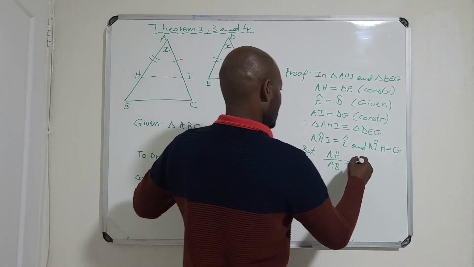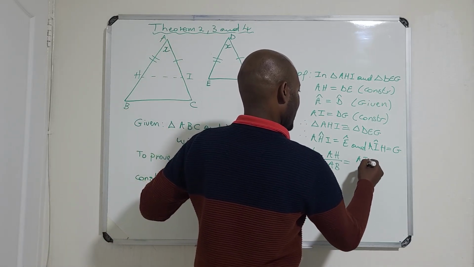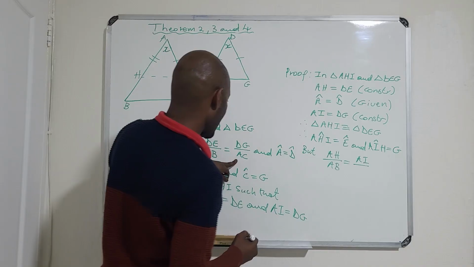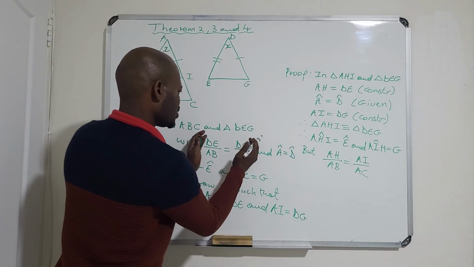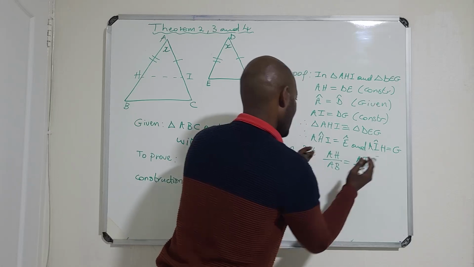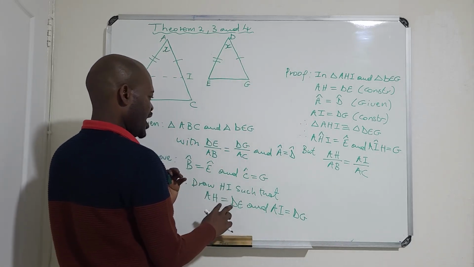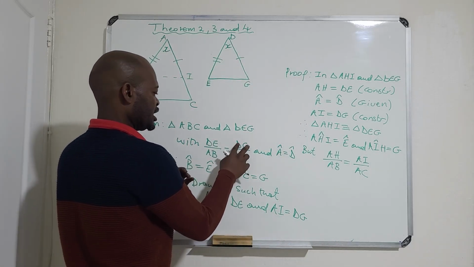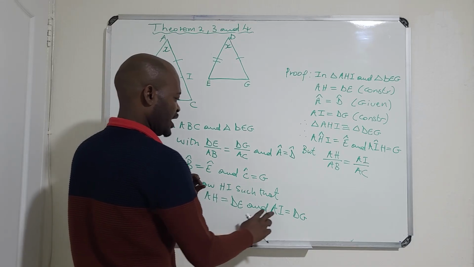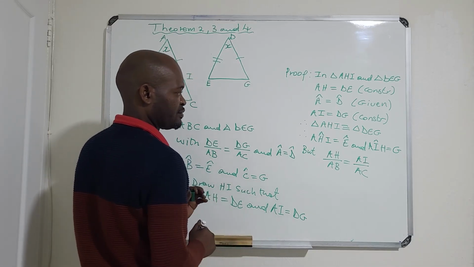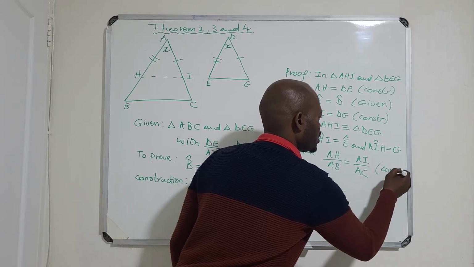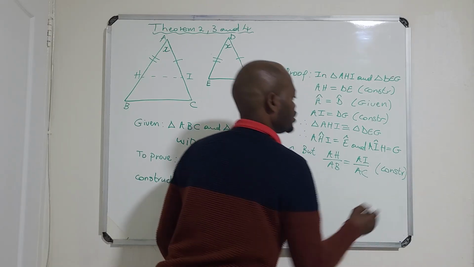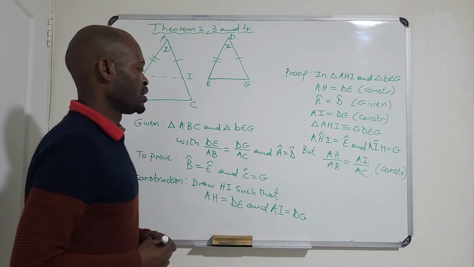So we can put AI over AC. We've just written this there, but we have replaced DE and DG by AH and AI respectively. So why is that? Because we've got construction. The reason for that.